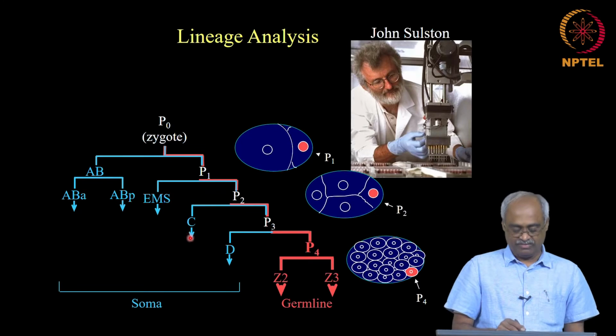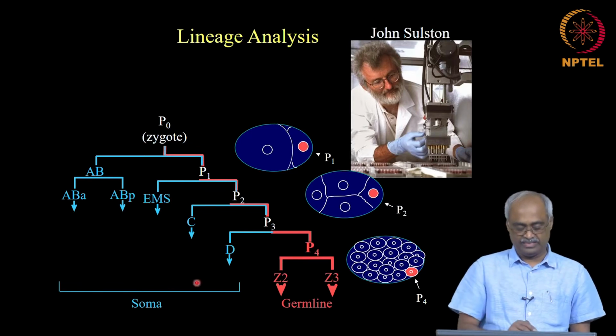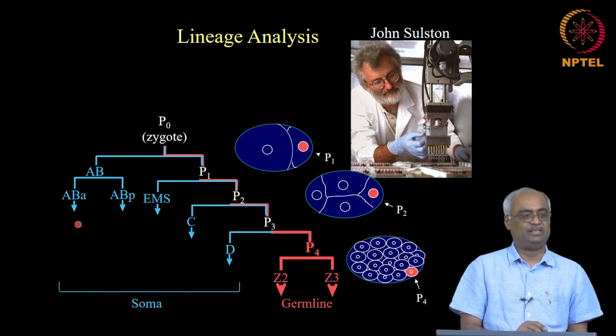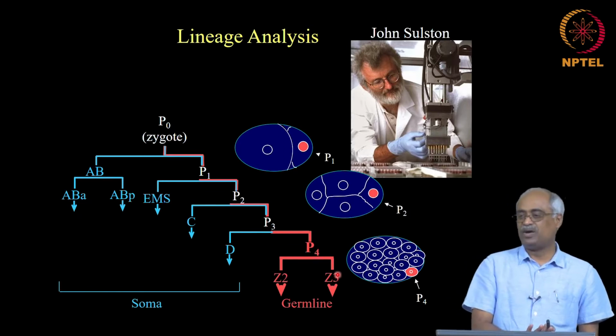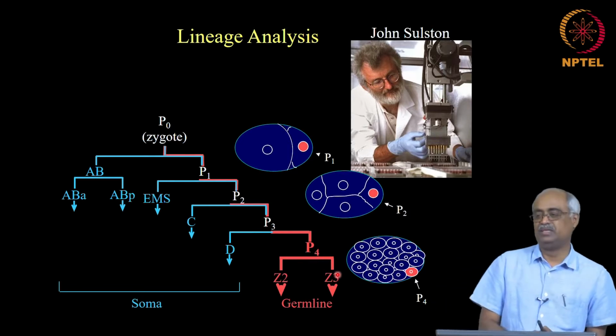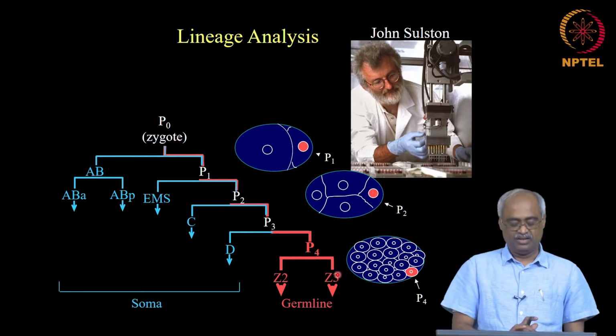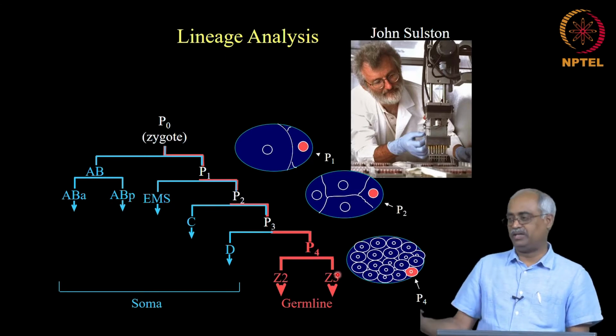And then P2 divides to give C and P3, and P3 divides to give D. I said partial because I am not drawing all the descendants of these blue colored cells, so only one we followed. So this is a partial lineage. This is just to familiarize you with how this lineage is shown in a diagrammatic way. We call this a lineage tree.